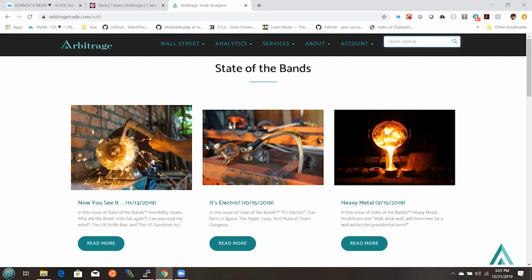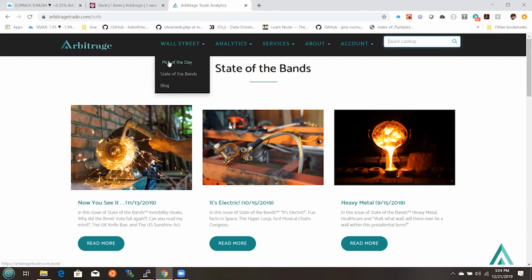If you have access to the state of the bands, you'll see it underneath Wall Street and state of the band. If you're playing stocks, basically we're using the weekly chart to pick these guys and write what's going on in those sectors, in those regions, so that we think that's going to make it jump or not jump in the near future.